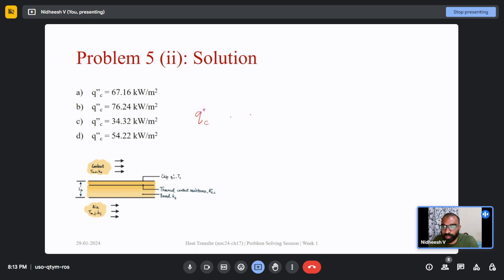Should I draw the diagram again? No need, sir. This was air, and this was the chip, say temperature of chip, contact resistance, and circuit board, resistance of circuit board, and the convective resistance of air again.